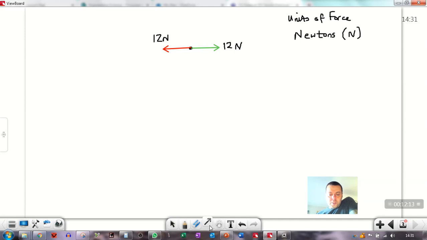So let's see if we can work out just a flat beam question, right?